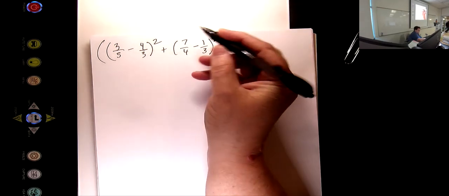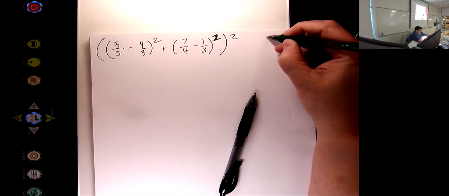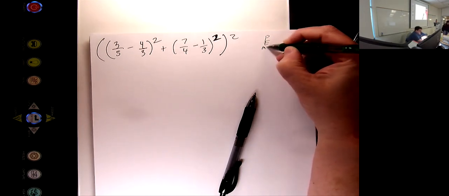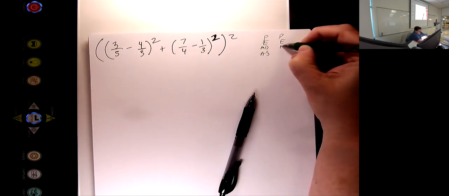All right, so what are we doing here? Let's get a common denominator for the inner fractions first. We are doing PEMDAS, but we have parentheses within parentheses. So let's do the inner set of parentheses first.